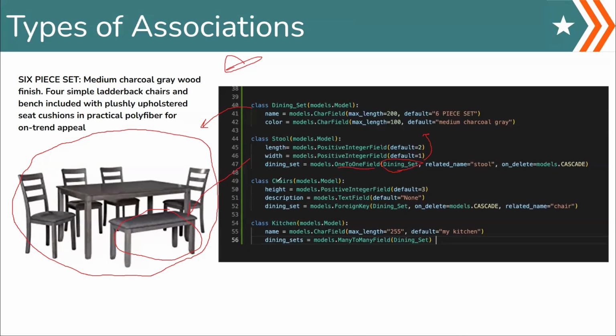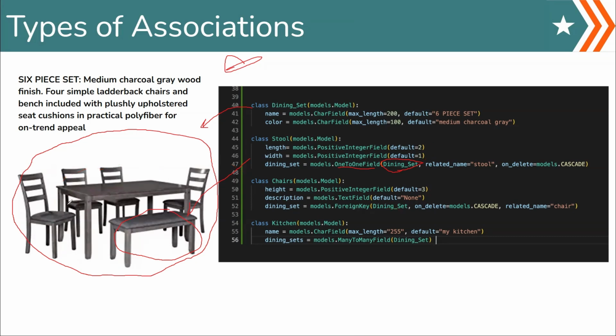Now, for the chairs, we have a default of 3, but notice they have height and description, and this shares a many-to-one relationship with this dining set, right? This dining set can have multiple chairs, but these chairs can only belong to one dining set.